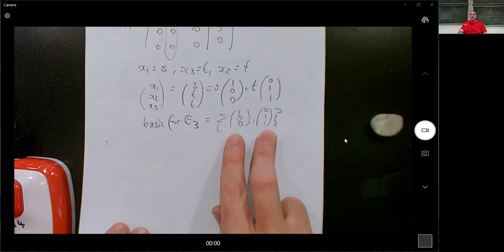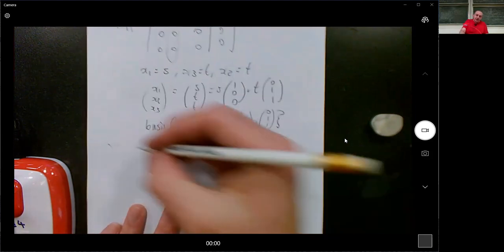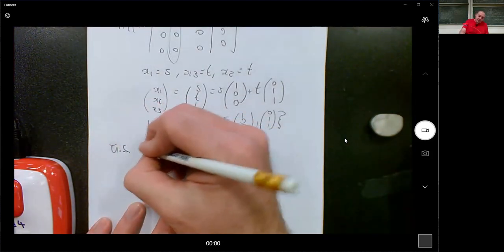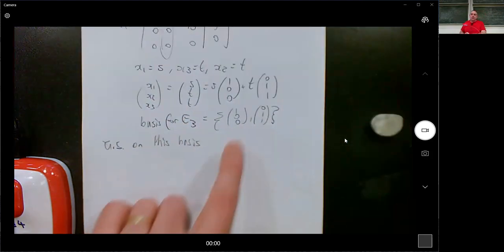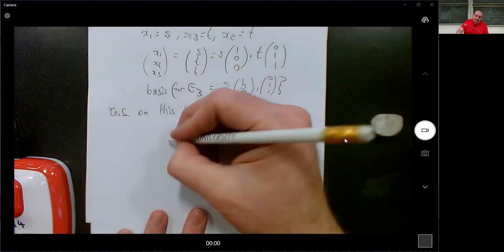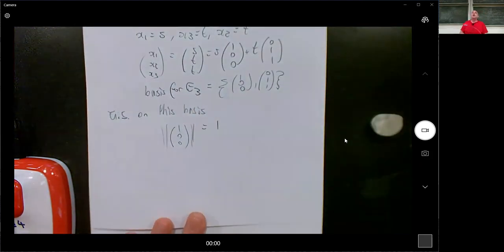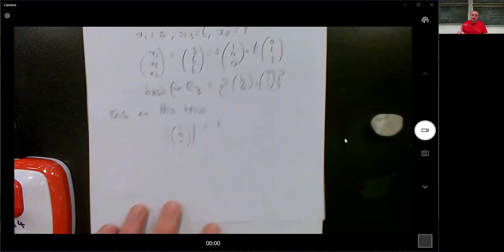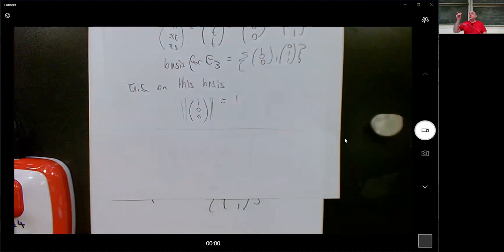So these two I have to turn into an orthonormal basis just inside these two. And so I'm going to need to do the Gram-Schmidt process on this basis. So I've got my first vector. The length of that is already 1, and so we're good. We don't have to do anything. So I've done the normalize for the first step.